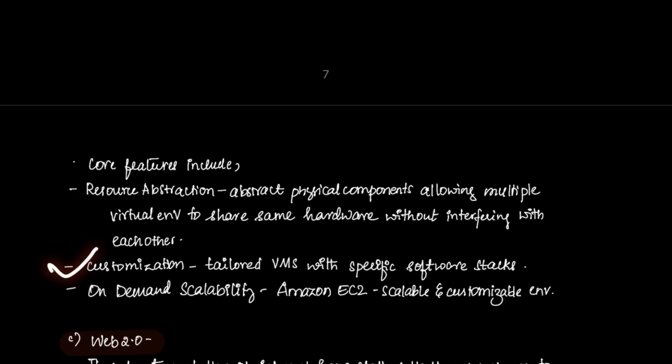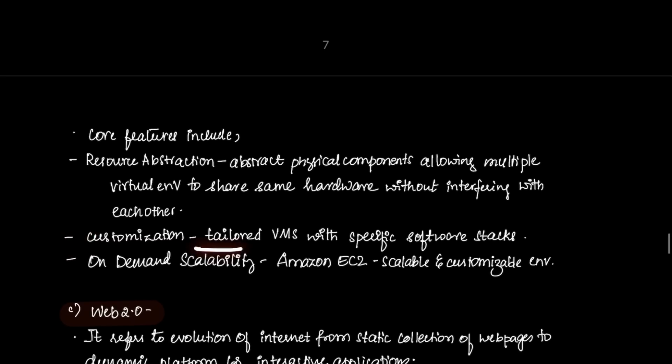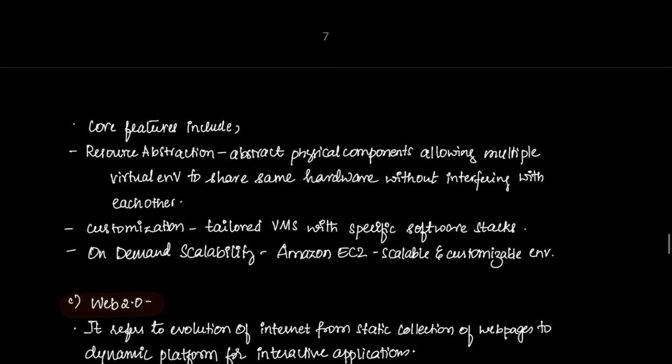Then you have customization, where tailored virtual machines with specific software stacks are used, so we can customize them depending on our usage or application. Then we have on-demand scalability. Cloud services like Amazon EC2 make use of virtualization to provide scalable and customizable computing environments that can be provisioned and decommissioned as required.